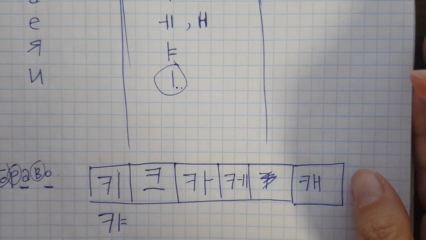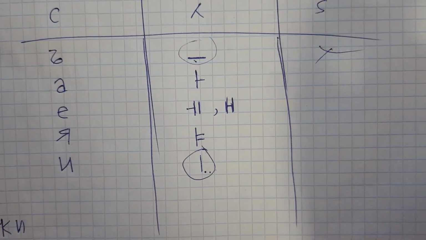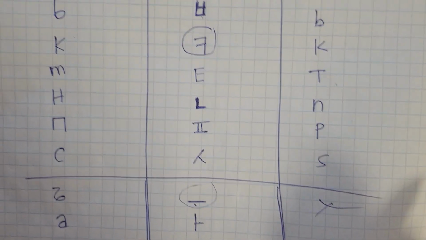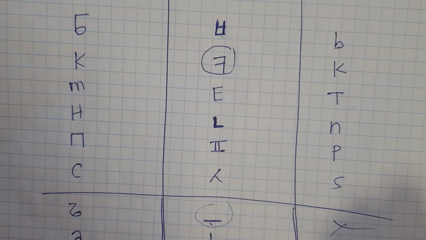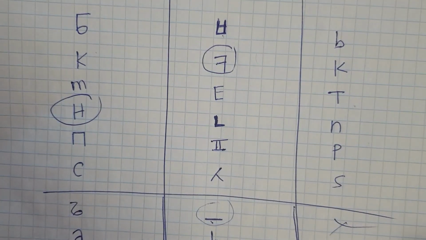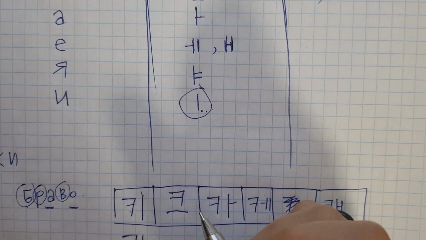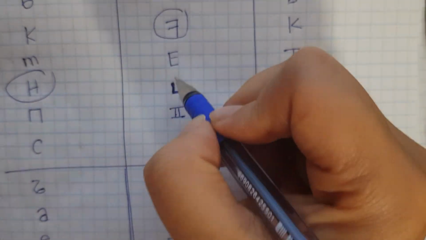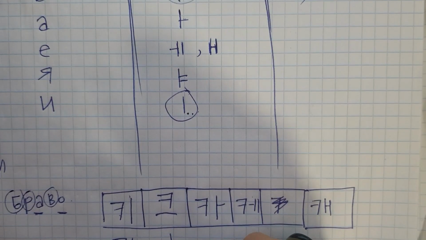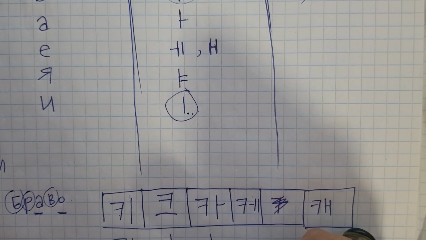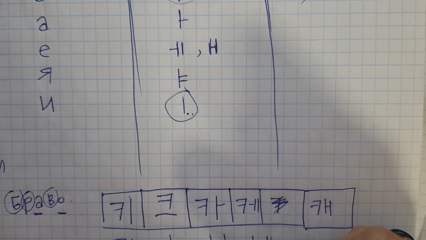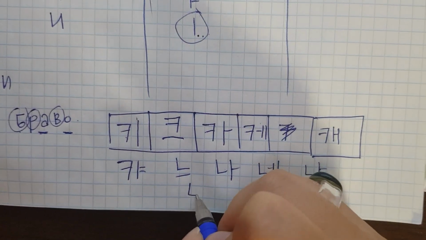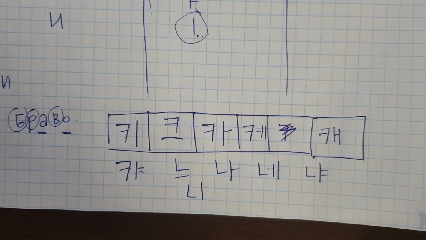Okay, so this is how you match the consonant and the vowel. If you just study all of this, now let's try one more. Let's do it with N, okay? This is the Korean consonant for N. So this is n, na, ne, nya, ni, okay?